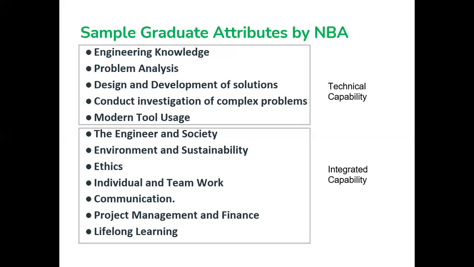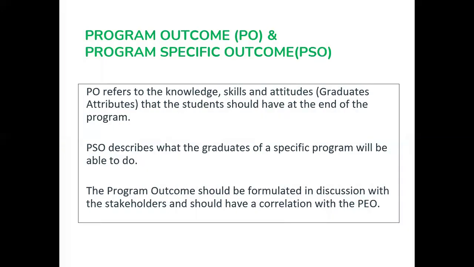You can see communication is always there, individual and teamwork, ethics, lifelong learning, then engineer and society, environment and sustainability. Then coming to the technical capability: engineering knowledge, problem analysis, design and development of solutions, conduct investigation of complex problems, modern tool usage. These are examples.